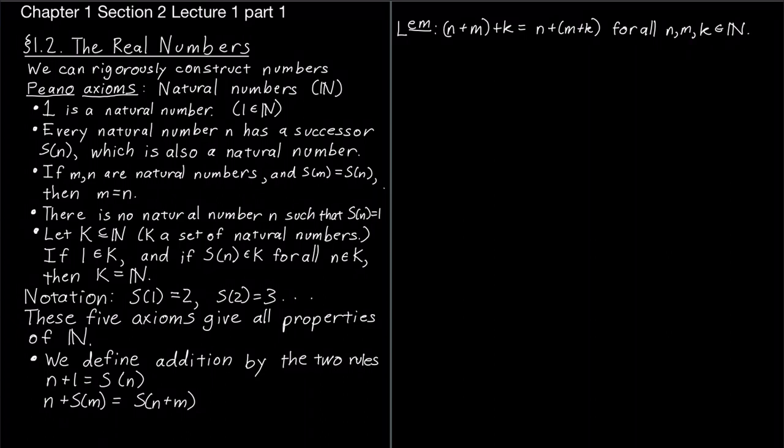And let me show you how that proof works so that you can see how the fifth axiom is indeed induction. So let's let capital K be the set of all natural numbers little k such that you're associative with k.